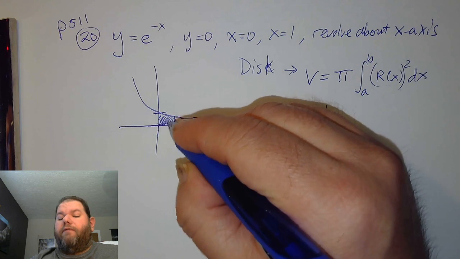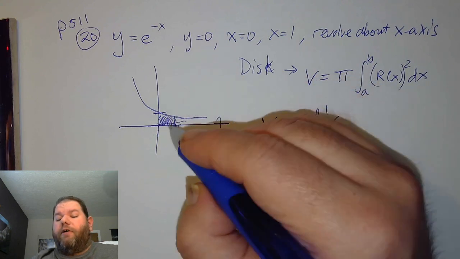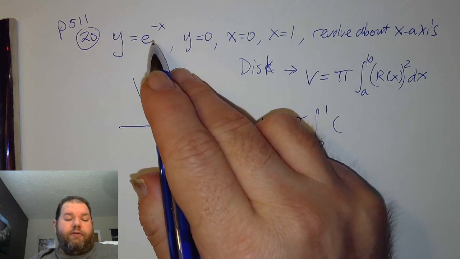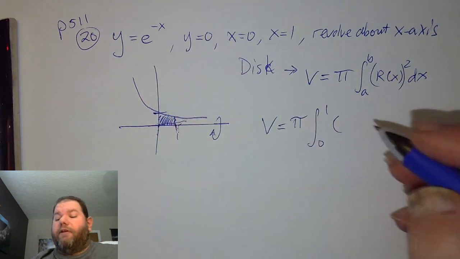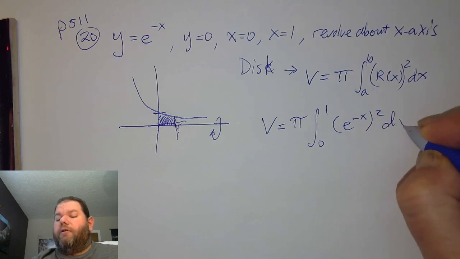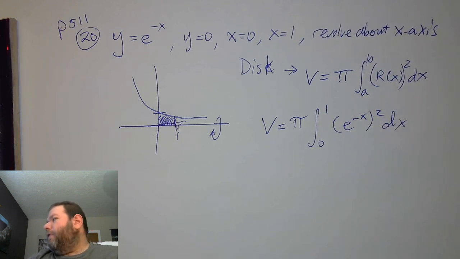Now, our radius is the vertical distance here from the axis of revolution up to the curve, which is just the curve function itself, e to the negative x. And so we can say our integral is pi integral 0 to 1 of e to the negative x in parentheses squared dx.